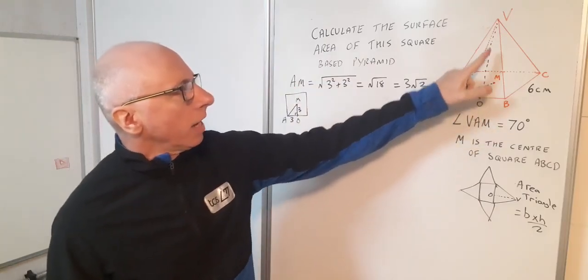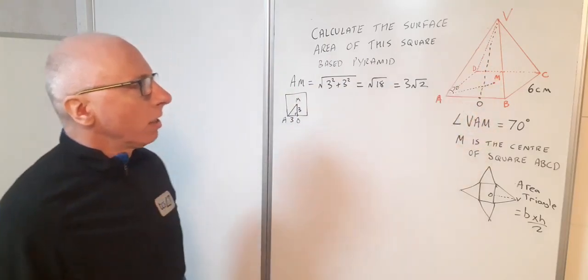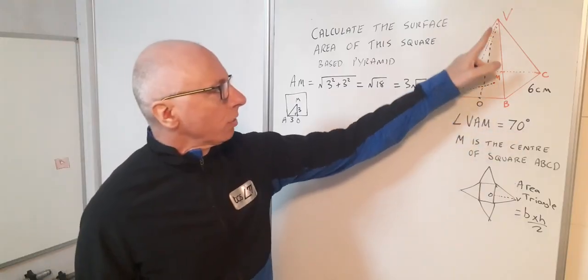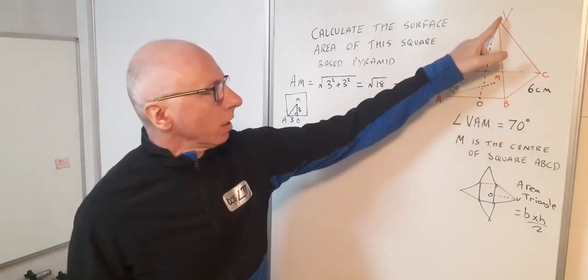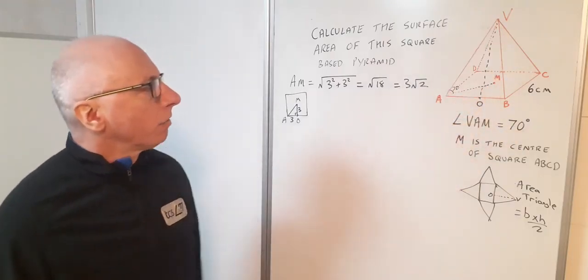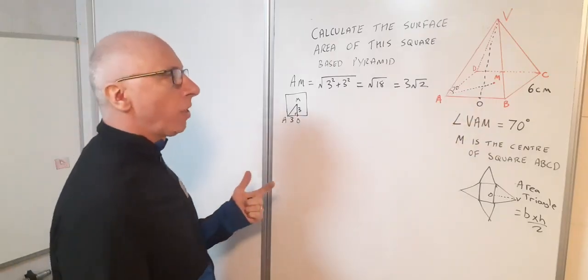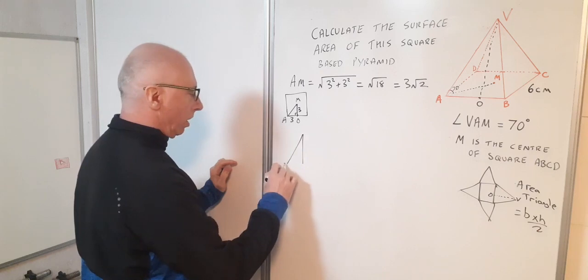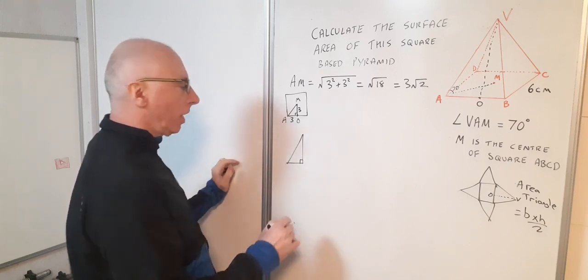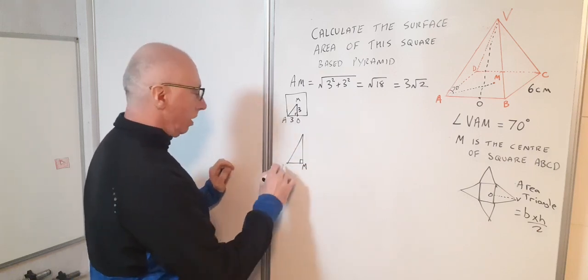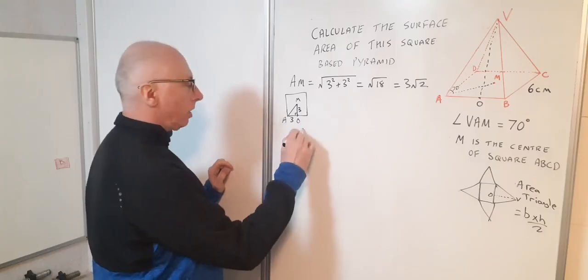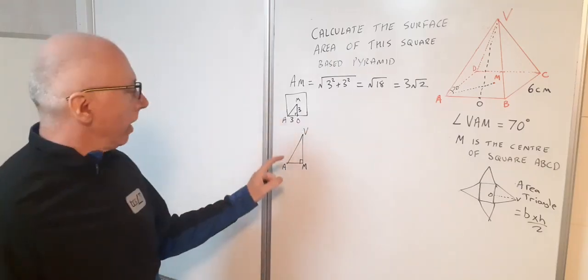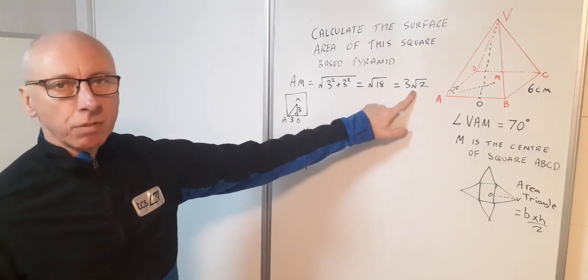Now we need to find MV. So that's going to also give us a right angled triangle because that's the centre point and draws a perpendicular line from the base. So let's draw that triangle next. So if I just take that out, I'm now going to have a right angle here at point M. This is going to be point A and this will be point V. AM I know is 3 root 2.